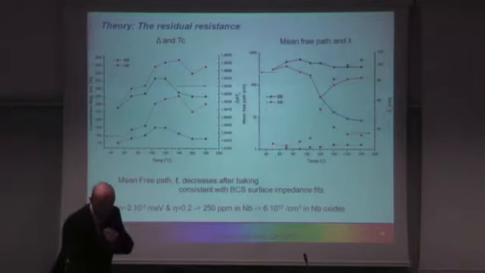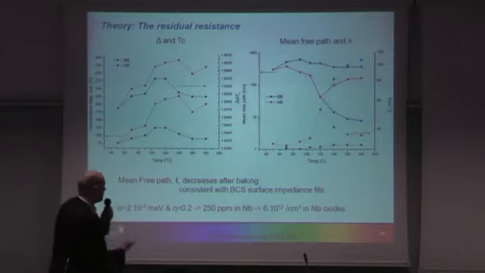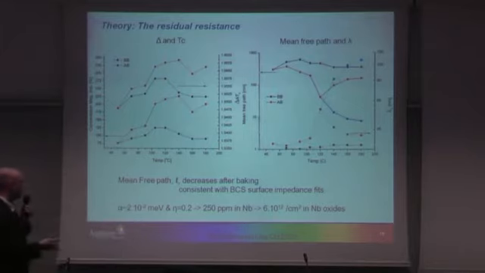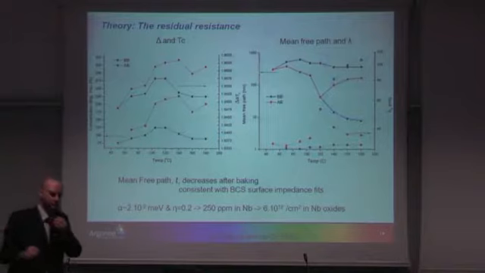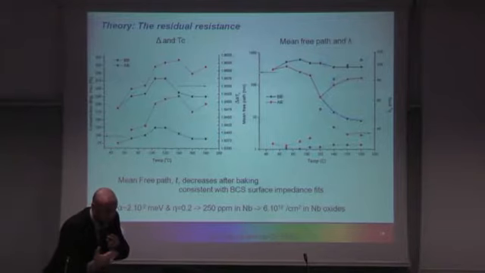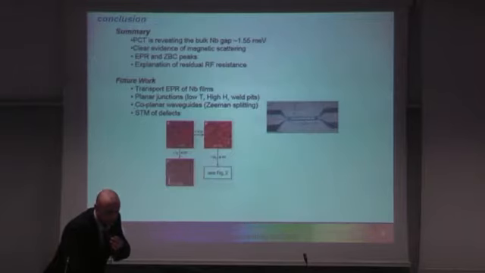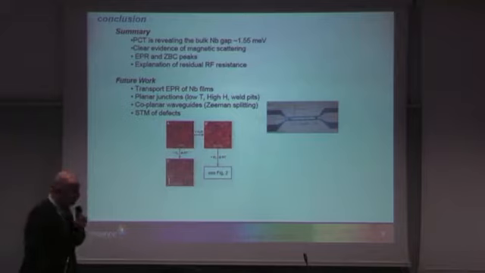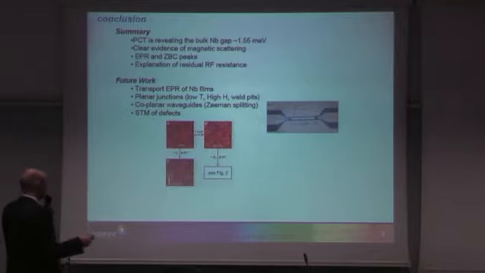So a more exact model will have to be calculated, which could take into account the inhomogeneous repartition of magnetic impurities, not homogeneous. So this 250 ppm can be seen as an average concentration, that if you would concentrate it onto 1 nanometer, you should have the same thing. So this is future work.